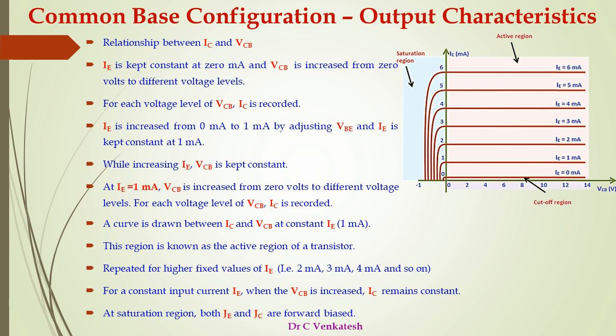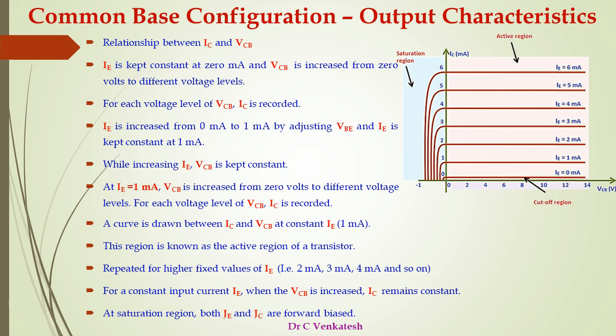A curve is then drawn between output current IC and the output voltage VCB at constant input current IE, say 1 milliampere. This region is known as the active region of a transistor. This is repeated for higher fixed values of input current, that is 2 milliamperes, 3 milliamperes, etc.